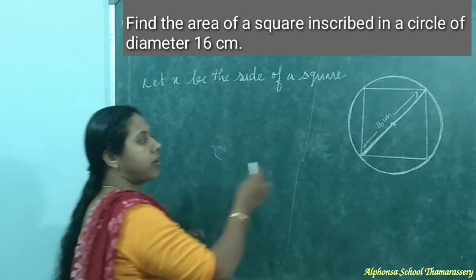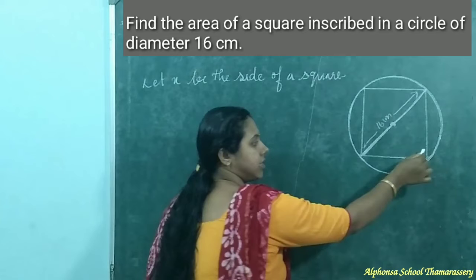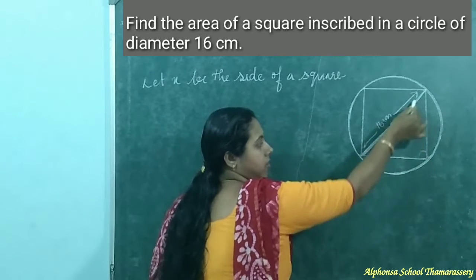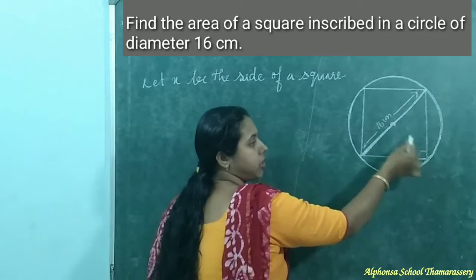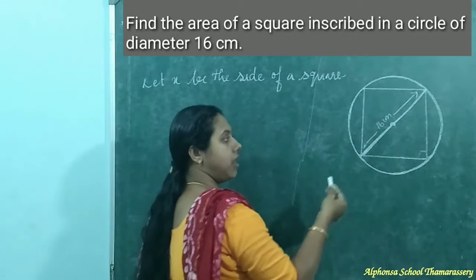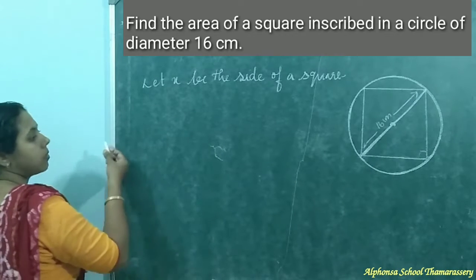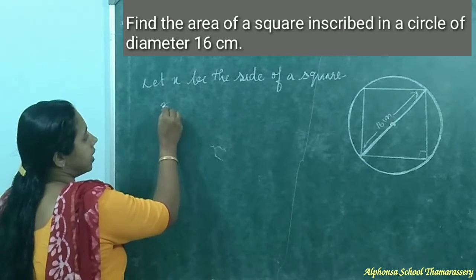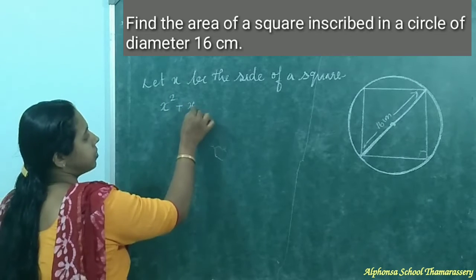We know that the angle in a square is 90 degrees. So this is a right triangle. This will be the hypotenuse. This is the base and the altitude. Using the Pythagoras property, we are able to find the side of a square. So we can write base square plus altitude square.